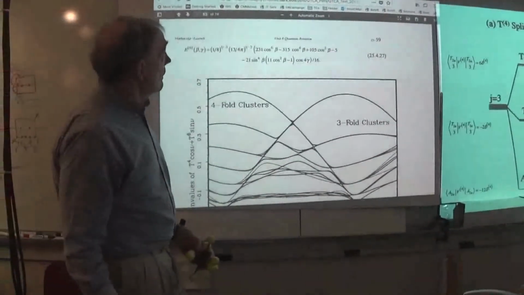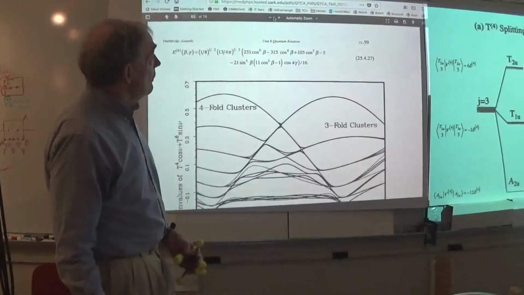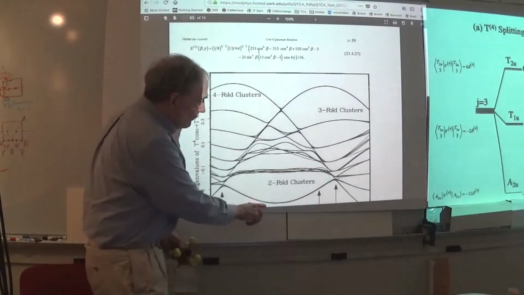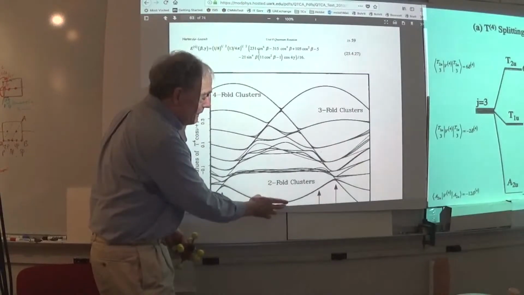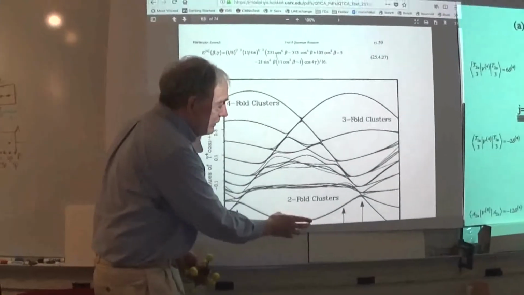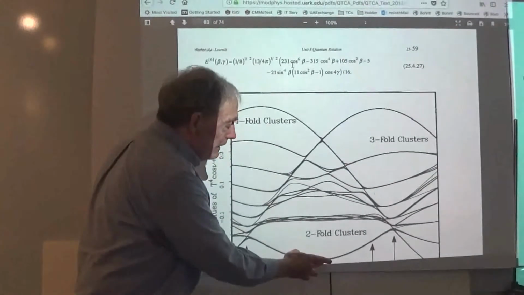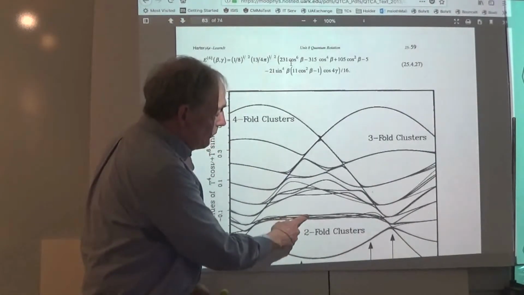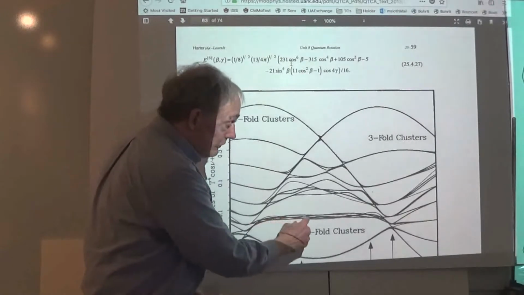Now we'll unzoom this because the bottom is where we looked before. We looked right down here where we had these two full clusters, this one had two T1s, a T2, an E, an A1. This one replaced the 1s by 2s, and you actually see the splittings.